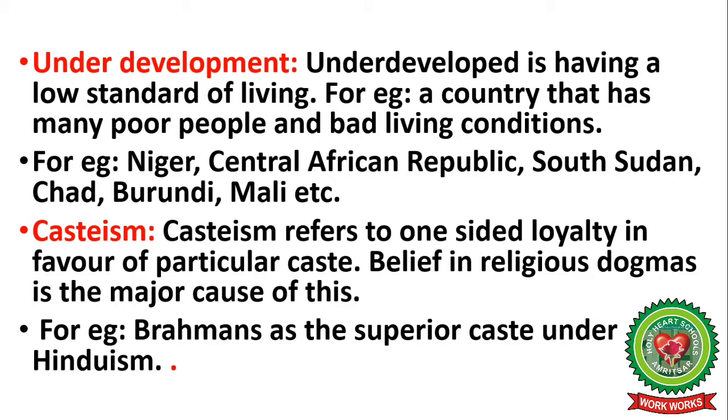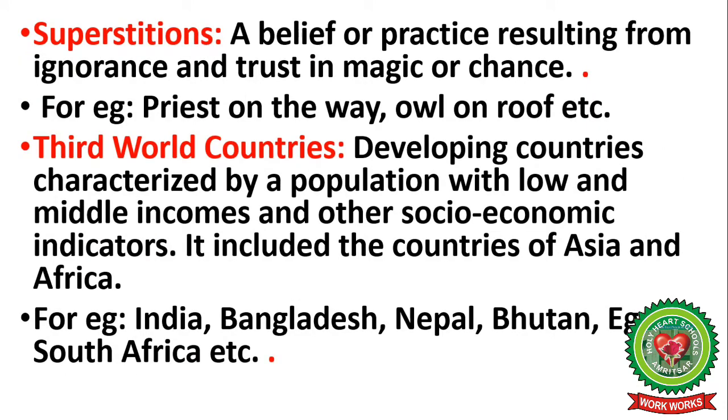So special laws and reservations can be made for them for their upliftment. And this is done in India. Now there is no caste system in India. Is it clear?